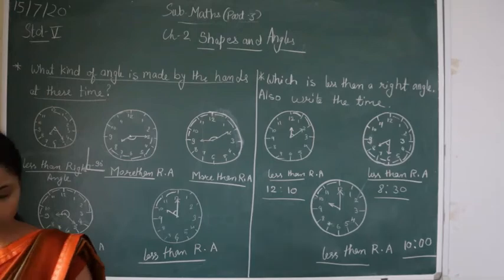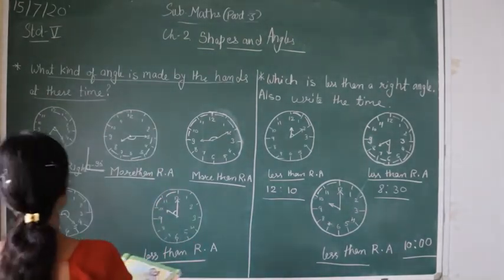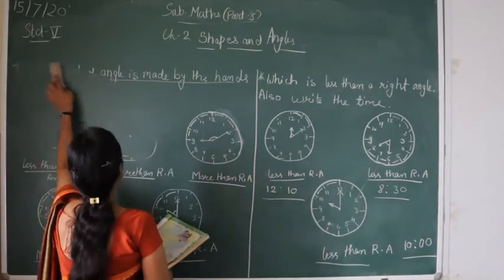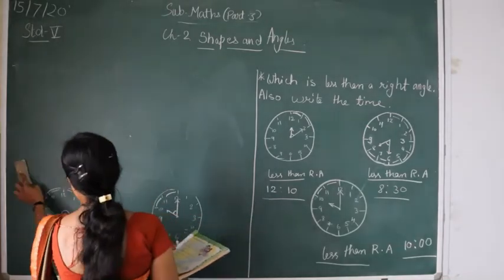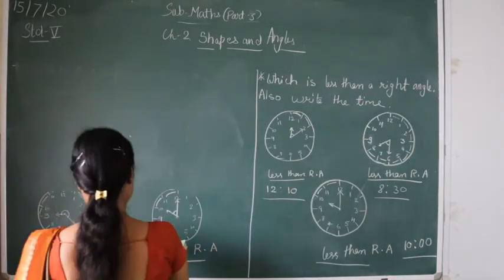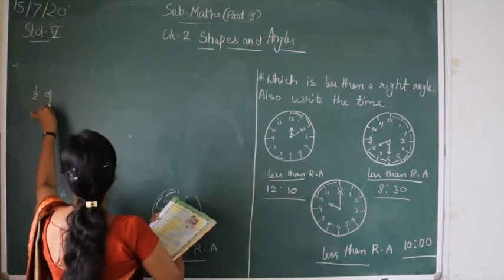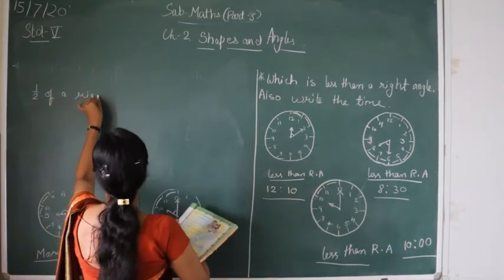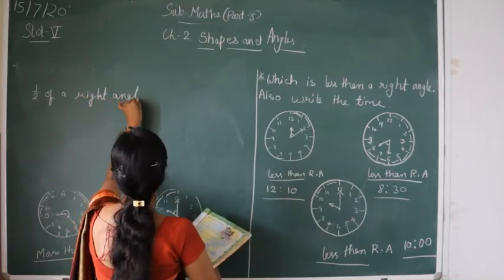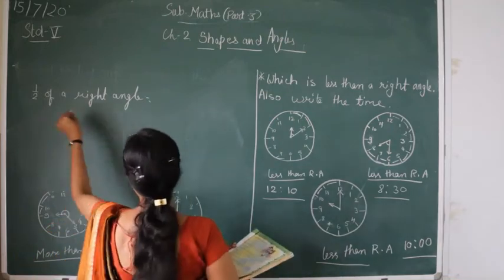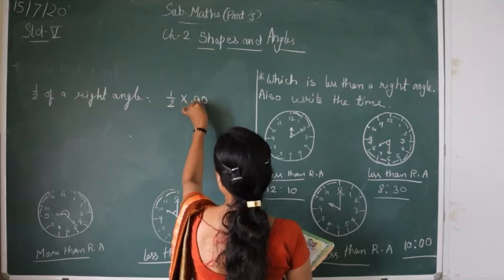Now there are some questions we have to solve. One half of a right angle. So we write 1/2, and a right angle is 90 degrees.